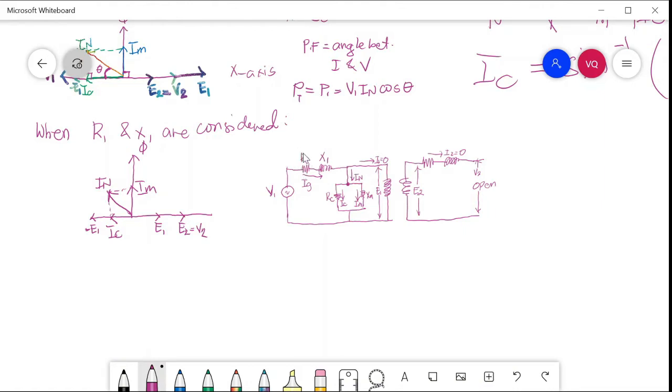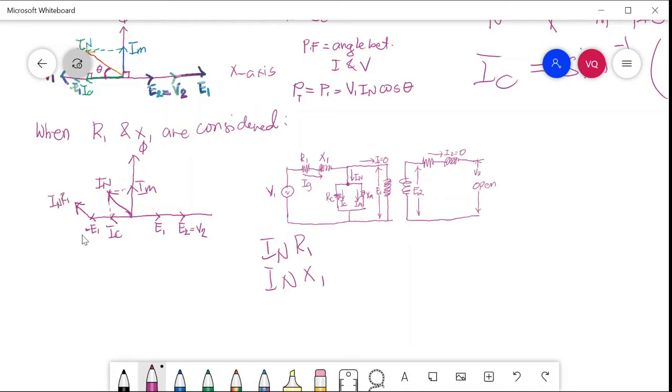So what will be the drop in the resistance? That will be equal to IN R1. The drop in X1 is IN X1. The resistive drop is just parallel to IN, because they are in phase.